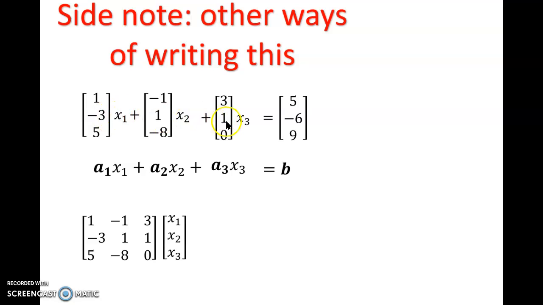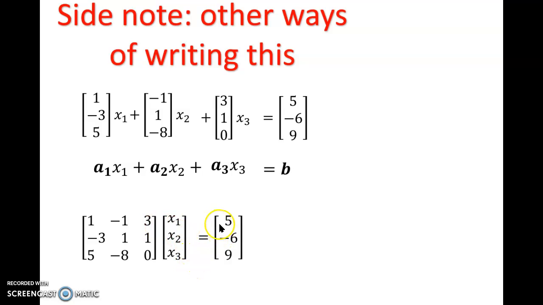We could have also taken all 3 of these vectors right here and put them into a matrix, put the x1, x2, x3 in as well. And this is where a dot product comes in. You notice if we do the row times the column, we get x1 minus x2 plus x3.